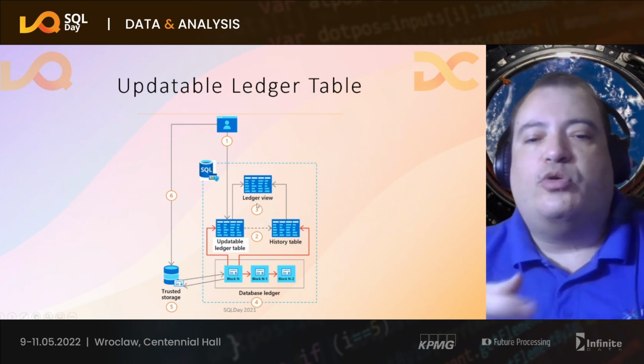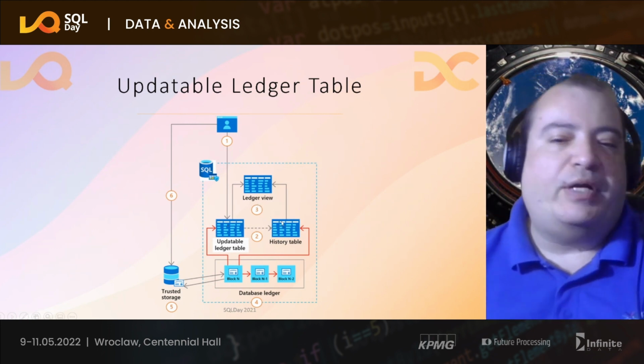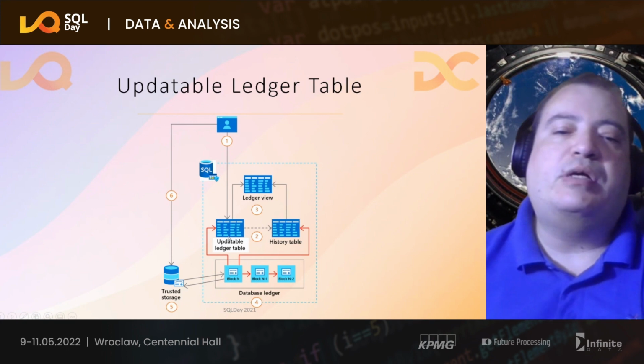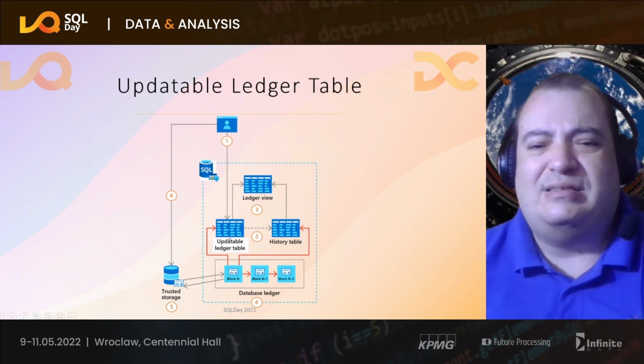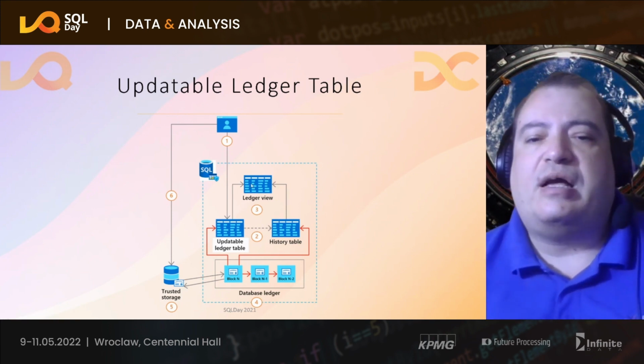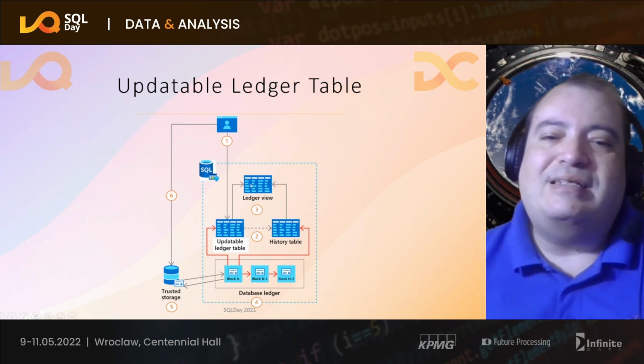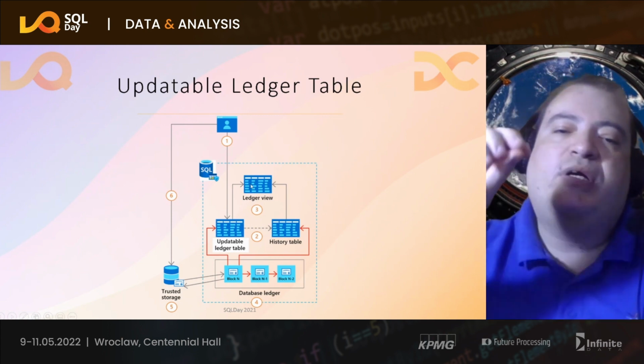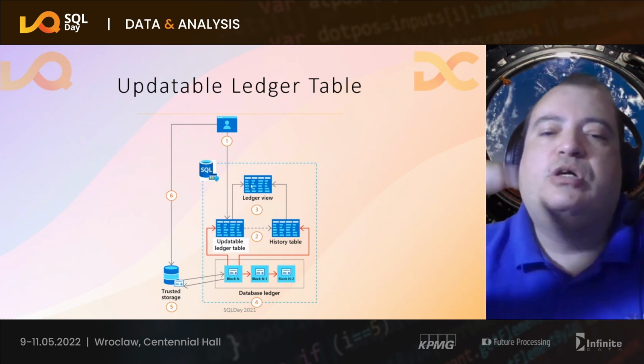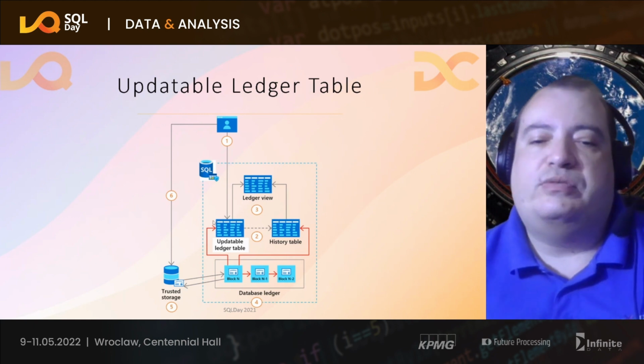To query the operations from the history and the main table is not easy. It's not an easy task. So the ledger view makes it easy. We can query the operations using the ledger view.